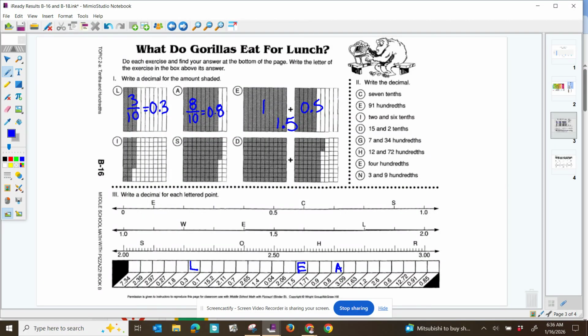Oh, and then I've got words over there. This looks like 21, 2, 3, 4, 5, 6, 7. So this is 0.27 is I. This is 0.85.